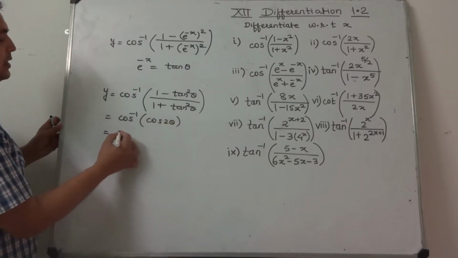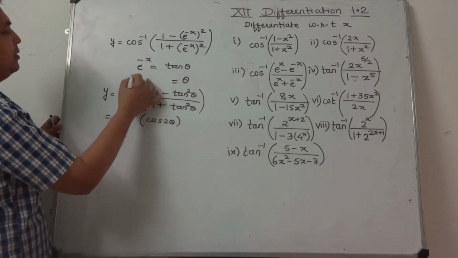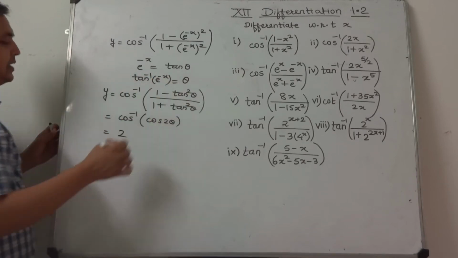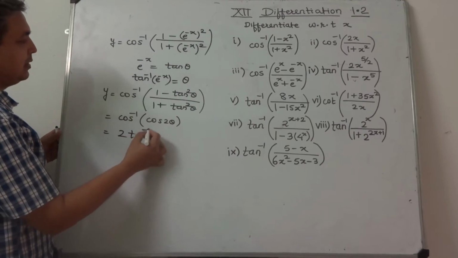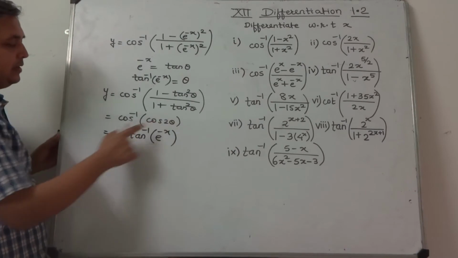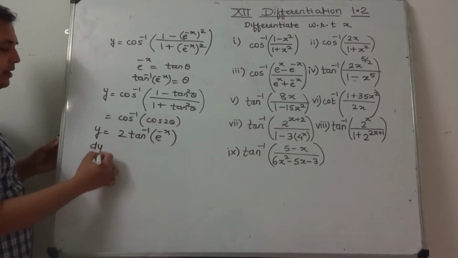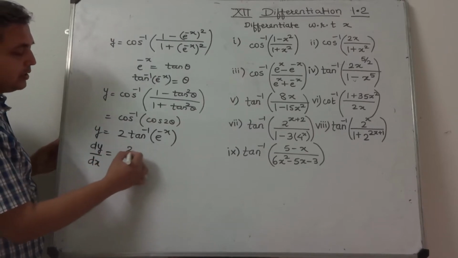Cos inverse cos gets cancelled, we get 2 theta. And from here we get theta equal to tan inverse of e raised to minus x. And so 2 theta is 2 times tan inverse e raised to minus x. And now derivative is dy by dx equal to 2 constant.